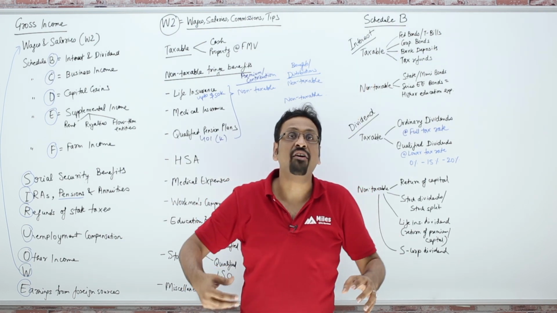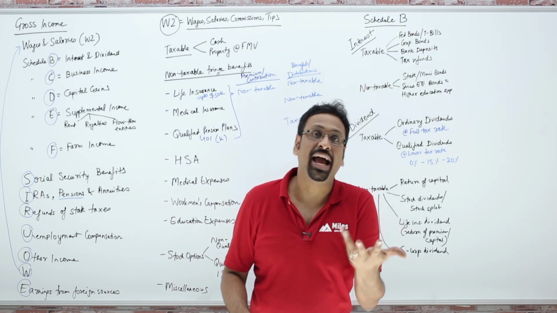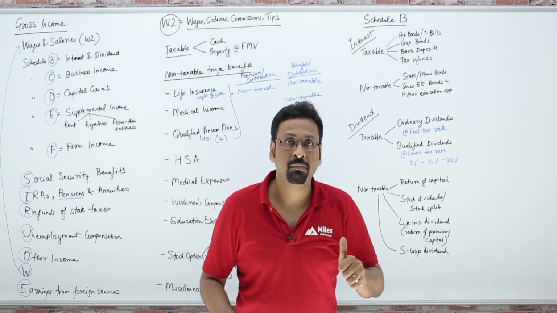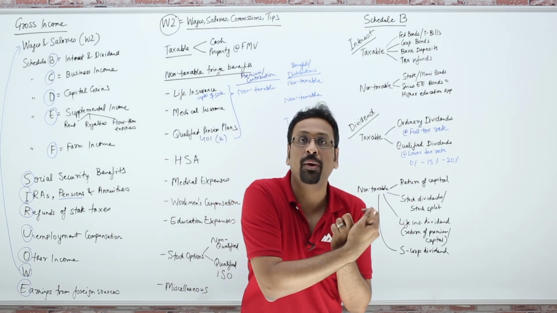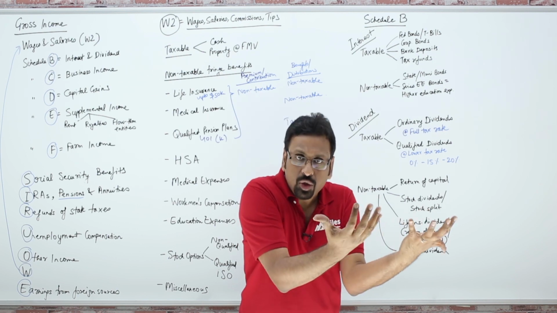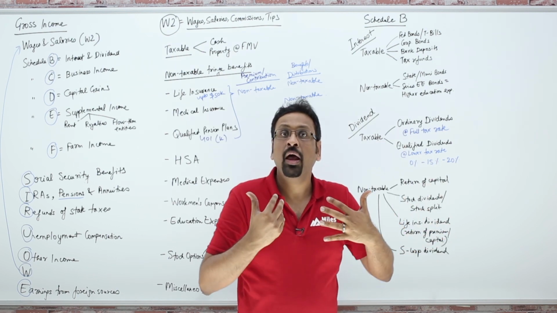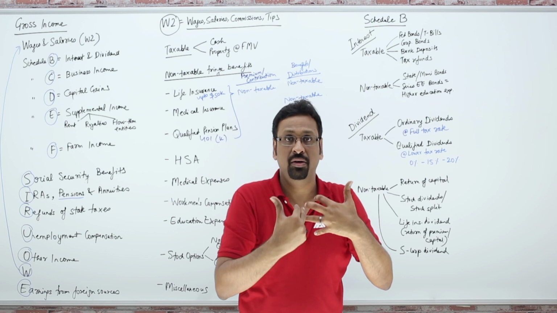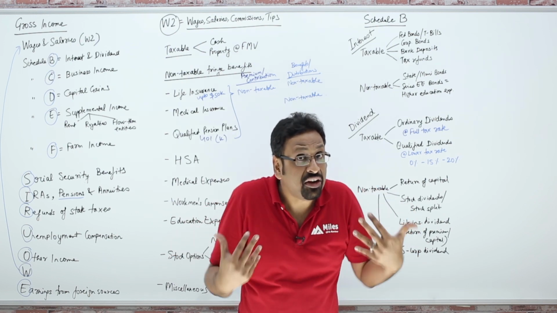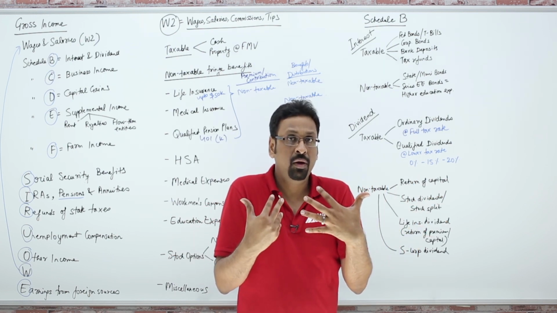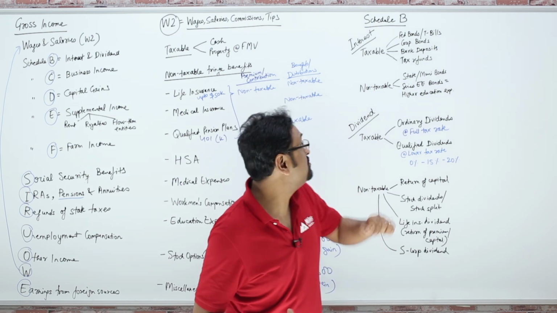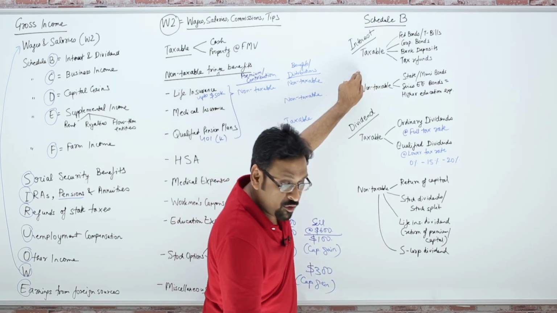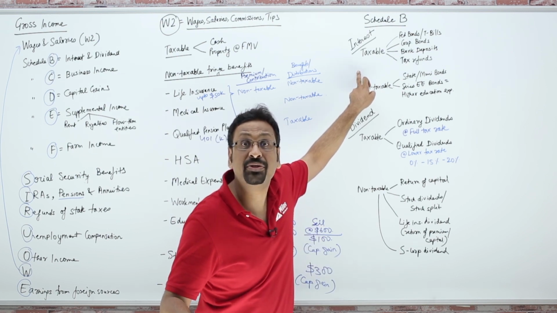Let us say you have paid some excess tax to Uncle Sam, or you've paid some excess tax to a state government. Of course, you'll be getting a refund back. Now, along with that refund, if you get interest on that refund, that interest on tax refund is taxable for federal income tax purposes.